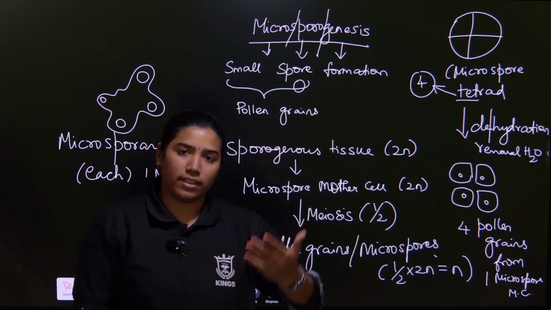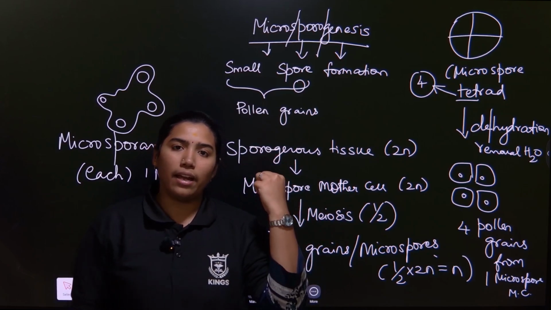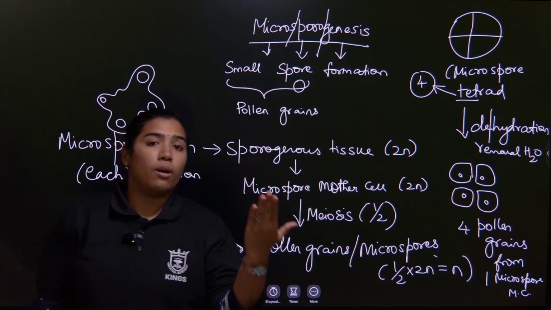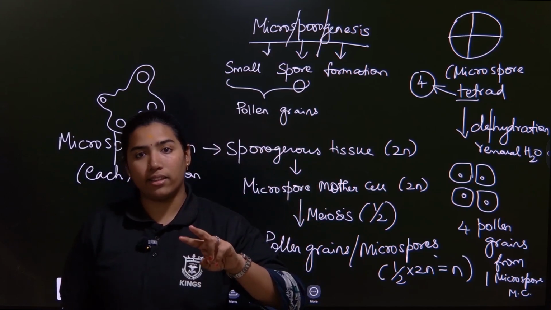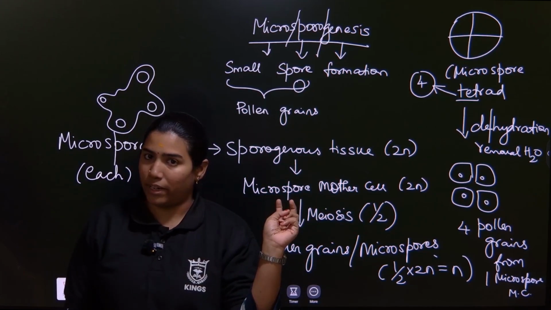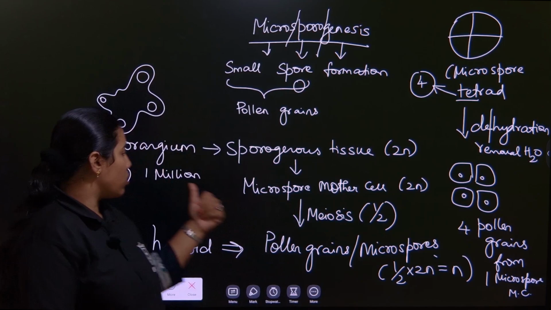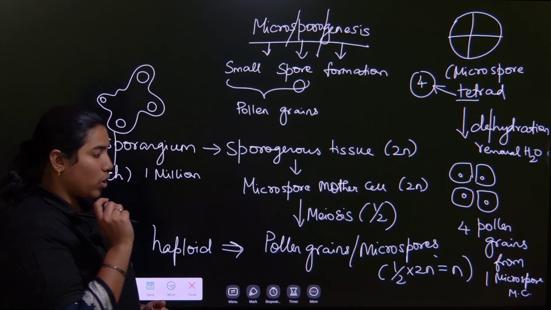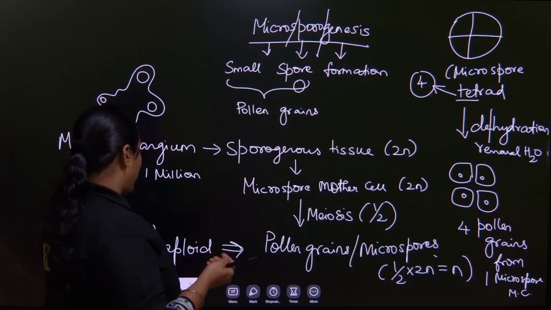When it is bilobed dithecous, you should say 2 lobes and 2 theca. So 2 into 2, 4. 4 million. Suppose it is a single lobed and bithecous, then 2 microsporangia will be present. 2 into 1 million, 2 million pollen grains will be present. So based on the question, you have to watch out very carefully, and then answer, right? So this is the very simple idea of microsporogenesis.